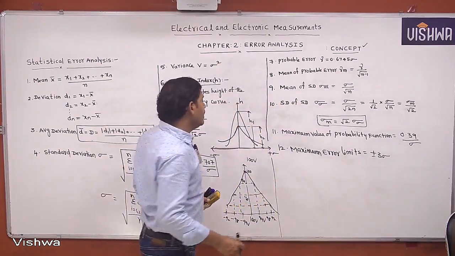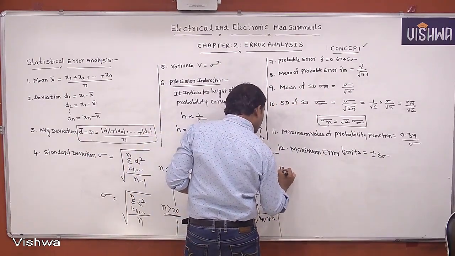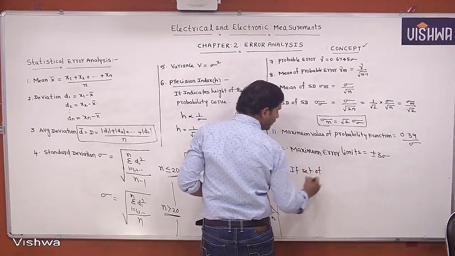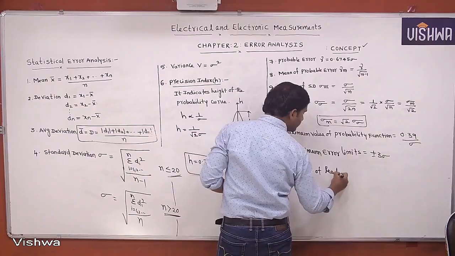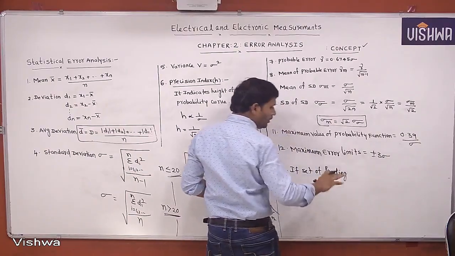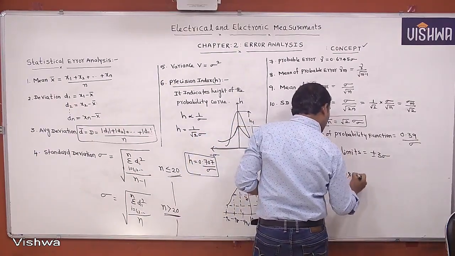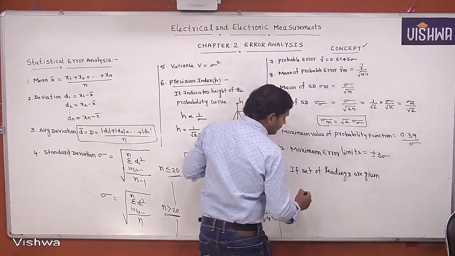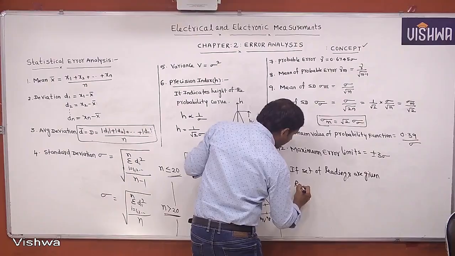Next, if a set of readings is given, then what is the range of error? How to calculate the range of error?